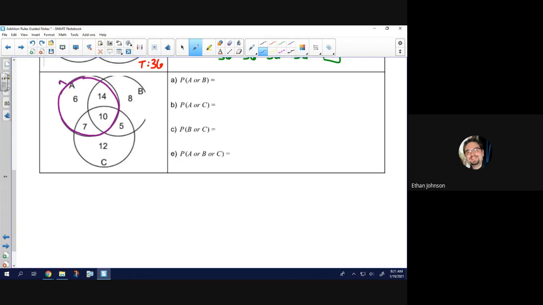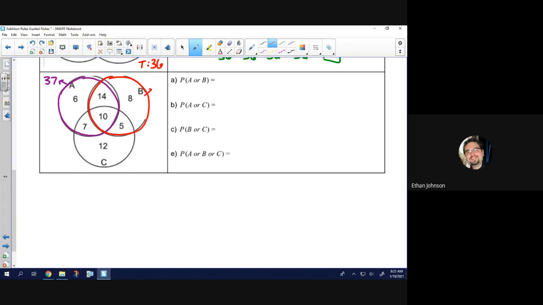Meaning our total for A is 37. Everything in circle B, well, that would be 14, 10, 5, and an 8.